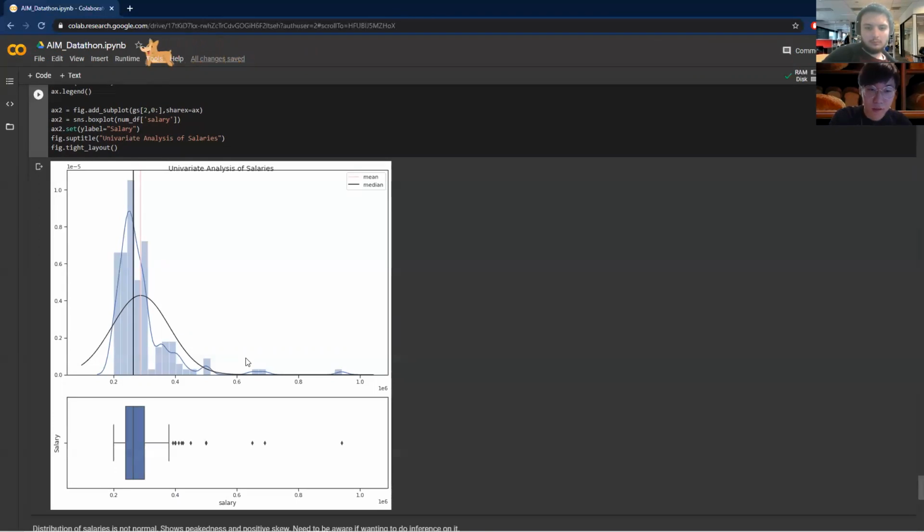How do you describe this? You say this is peaked. So why does salary have a huge peak here that's less than the mean? It's shifted from the normal distribution, shifted to the left. And that's when you say you have a positive skew or a right skew.